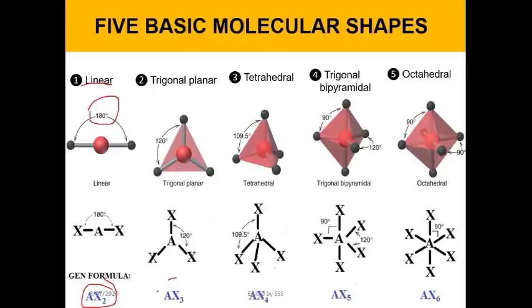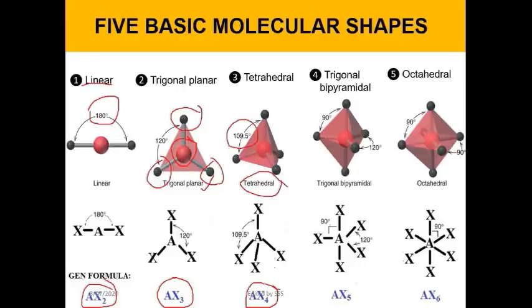For AX3, there is trigonal planar with 1 central atom and 3 terminal atoms. If we have 4 terminal atoms, the general formula is AX4. The basic molecular shape is known as tetrahedral with the bond angle 109.5.